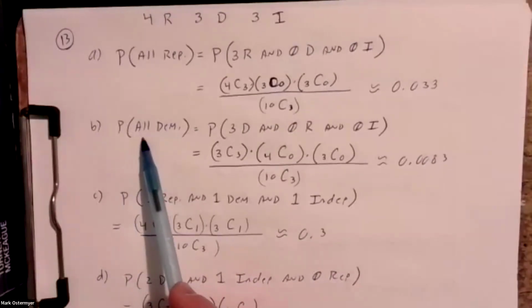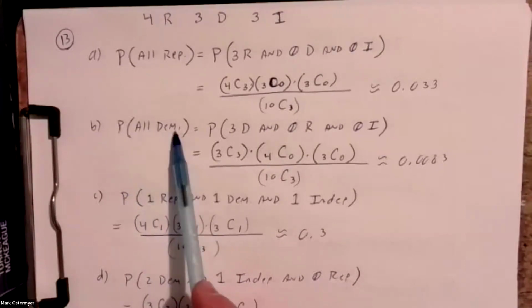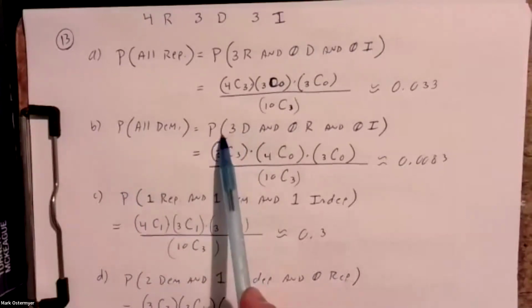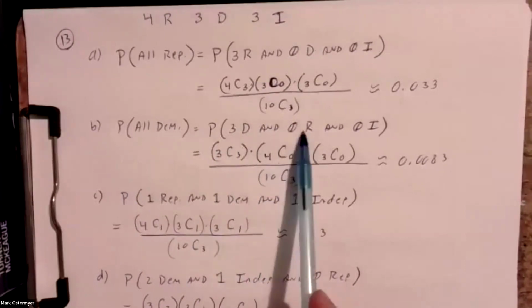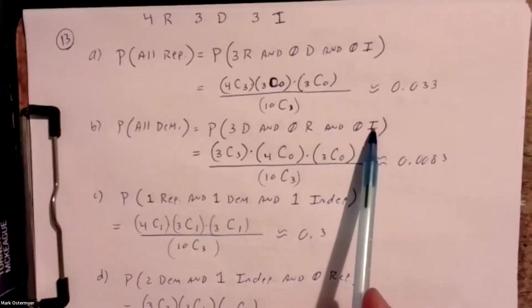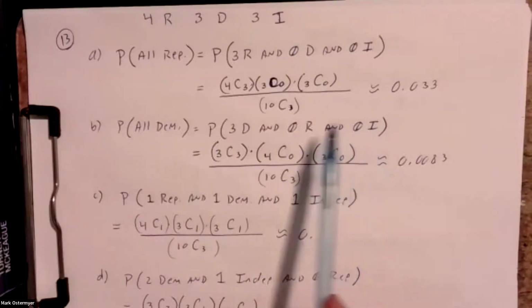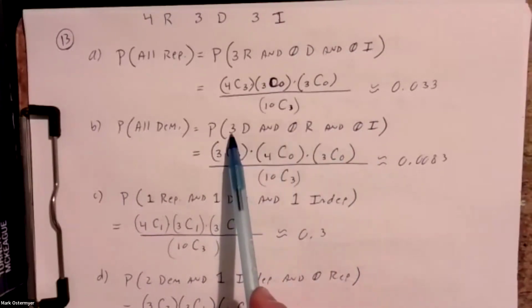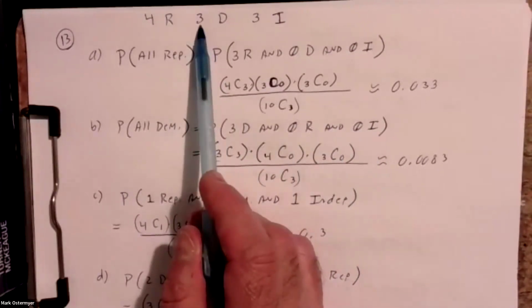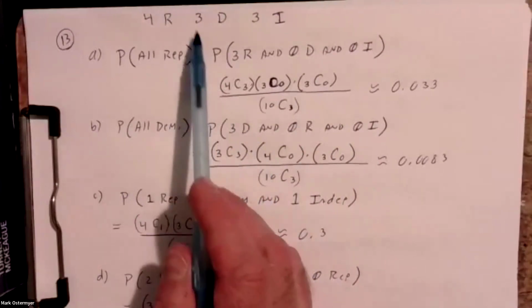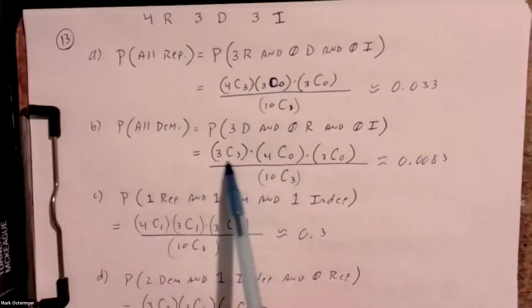B, what's the probability of selecting all three of our politicians and they are Democrats? That's saying the probability that we select 3 Democrats and 0 Republicans and 0 independents. So how many ways can I choose 3 Democrats from 3 Democrats that are available if order doesn't matter? That's going to be 3 in combination with 3 ways.